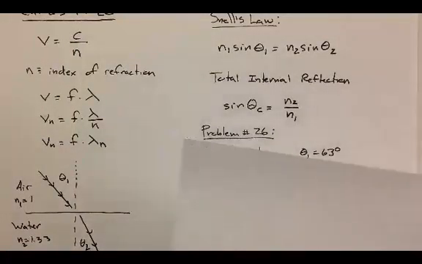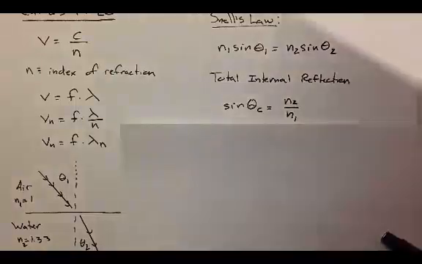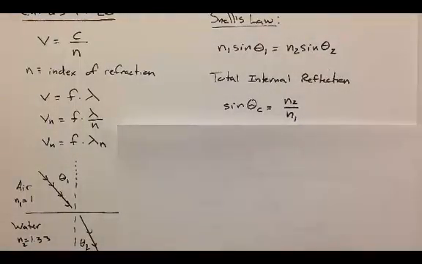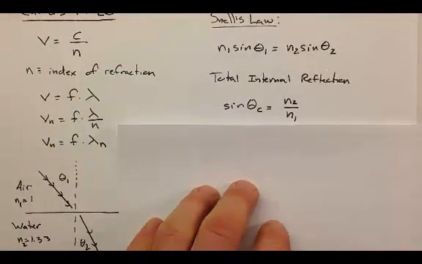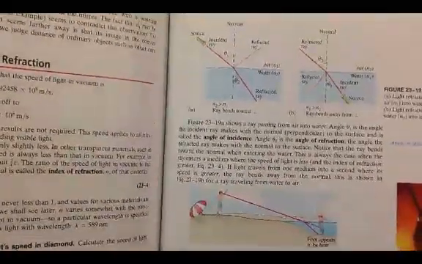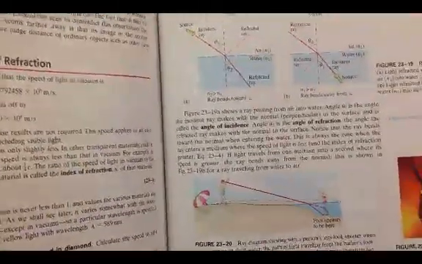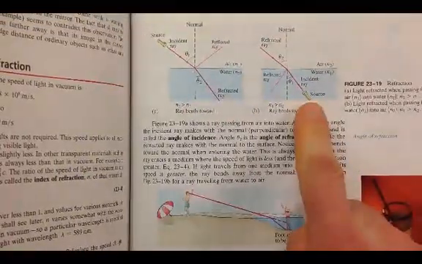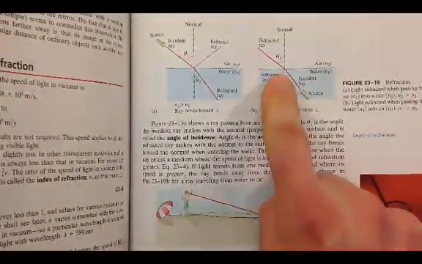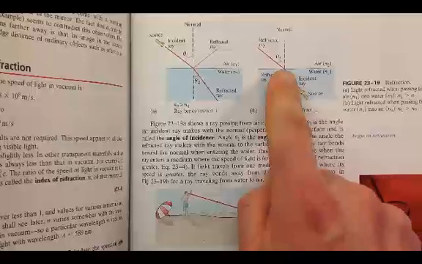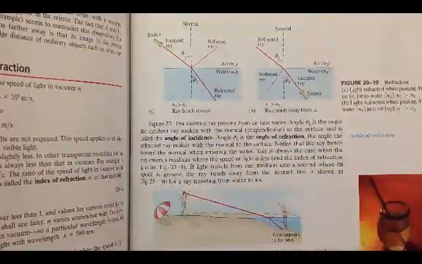Now, the next thing I'm going to talk about is total internal reflection. And I tried to draw this, and I didn't do a very good job, so I'm going to revert to the book, all right? So if I have a flashlight underwater and I shine it up, the light ray will get bent away from the normal.